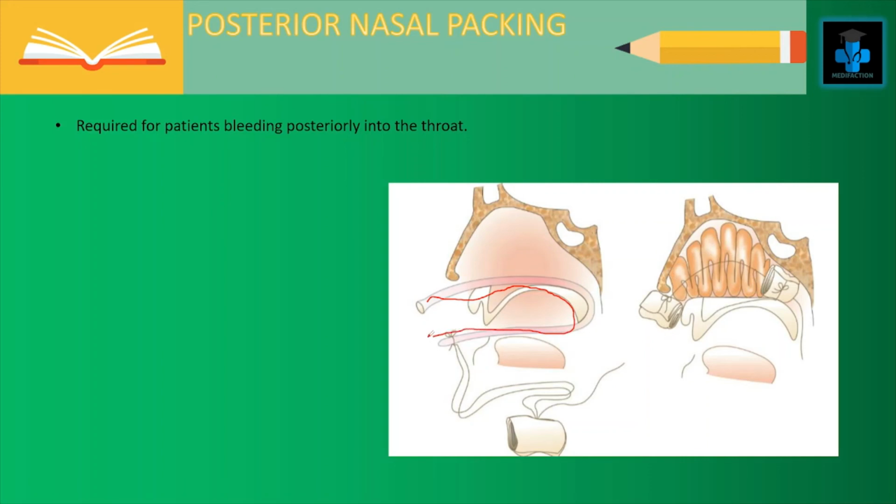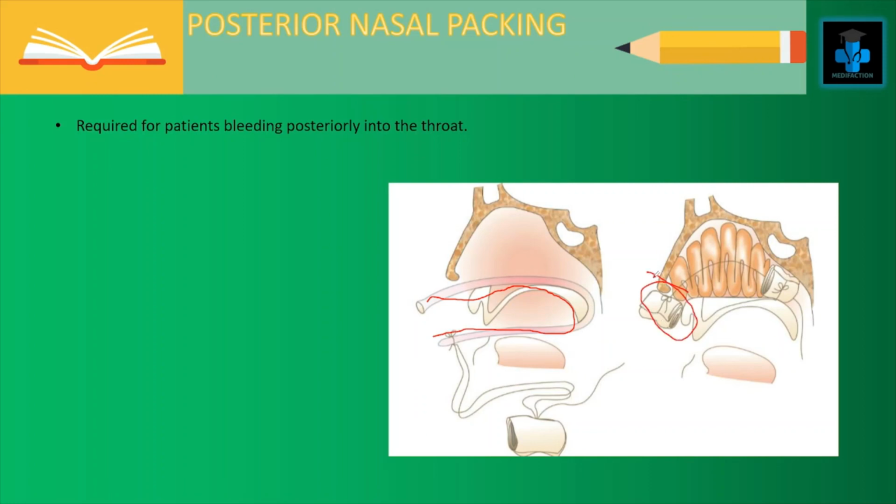A rubber catheter is passed through the nose and its end brought out from the mouth, and the ends of the silk thread are tied to the catheter withdrawn from the nose. The pack, which follows the silk thread, is now guided into the nasopharynx with the index finger, and the anterior nasal cavity is now packed with the silk threads, as you can see here.